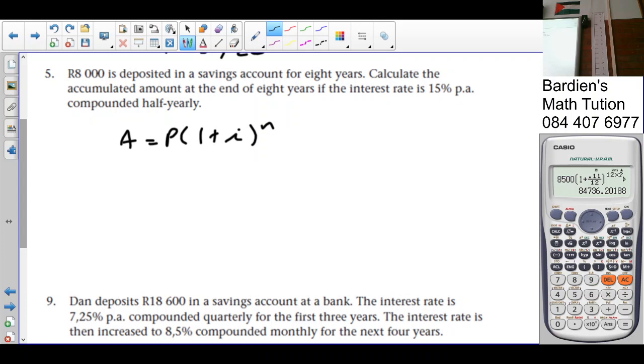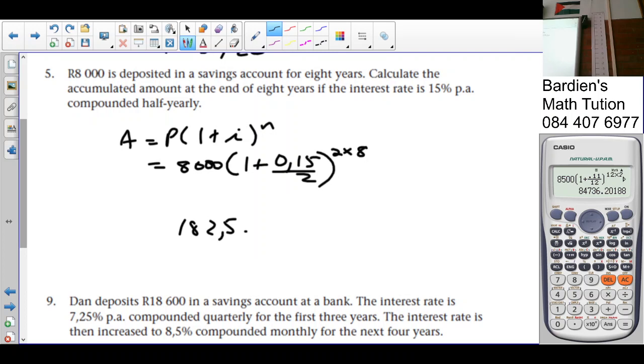Do your substitution. 8,000 into 1 plus 0.15 divided by 2, since it is compounded half-yearly. How many halves are there in 1 year? 2. So I must divide this by 2 to the exponent 2 times n, which is 8.